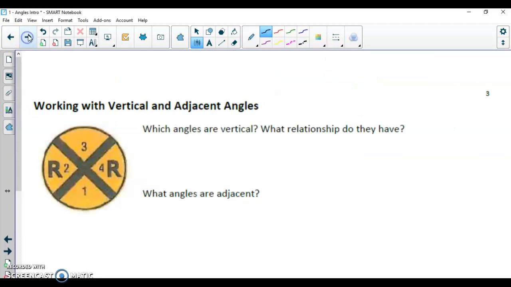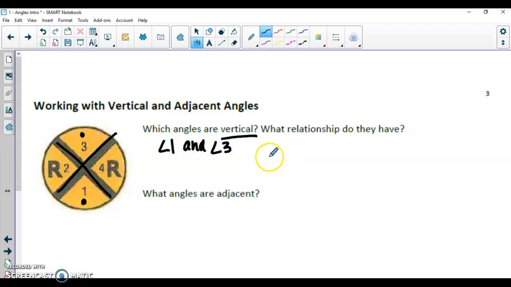Okay? So when we look at this picture here, which angles are vertical and what relationships do they have? So if we're looking, remember verticals are the ones that are opposite when you have intersecting lines. We do in fact have intersecting lines that are right here, and we have a set of opposite angles. 1 and 3 are opposite each other.